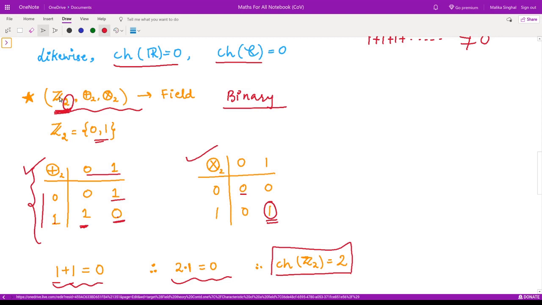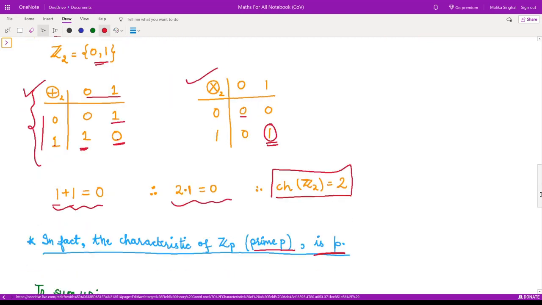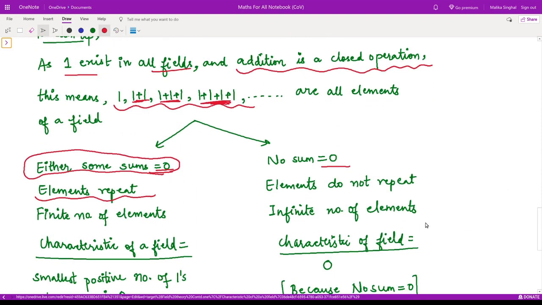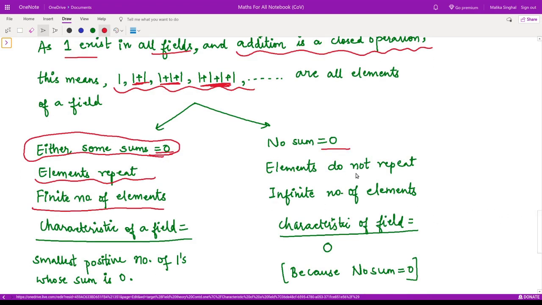If you take any other integers also, you will again get the number of elements of this field as finite, right? Whereas in this case, because none of the sums is 0, the characteristic of the field is 0.